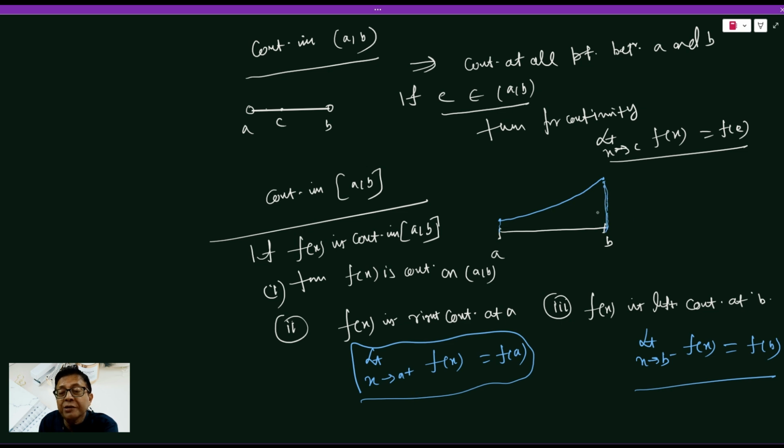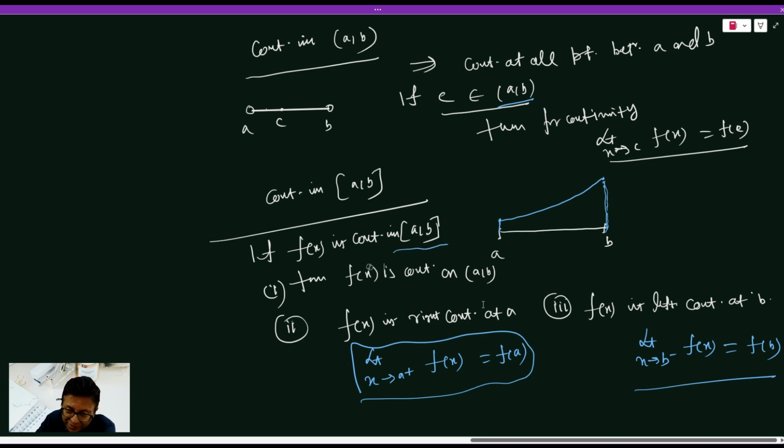Hope you have understood. Continuity at a point, continuity in an open interval AB, and continuity in the closed interval A, comma B. Got it? This is the time to apply these simple concepts of continuity to solve some standard textbook problems.